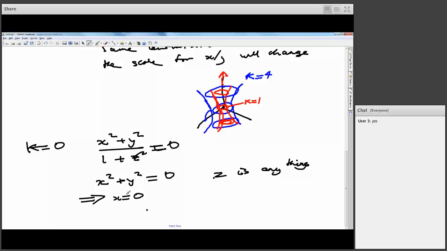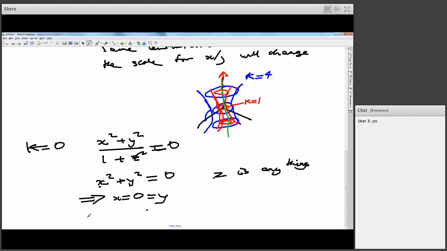Anyway, what I was trying to say before I dropped out is when the sum of squares is 0, that really forces both the x and the y here to be 0. So when k equals 0, you're left with the case, which I can draw, where x and y are both 0 and z is anything, and that looks like this in the picture.